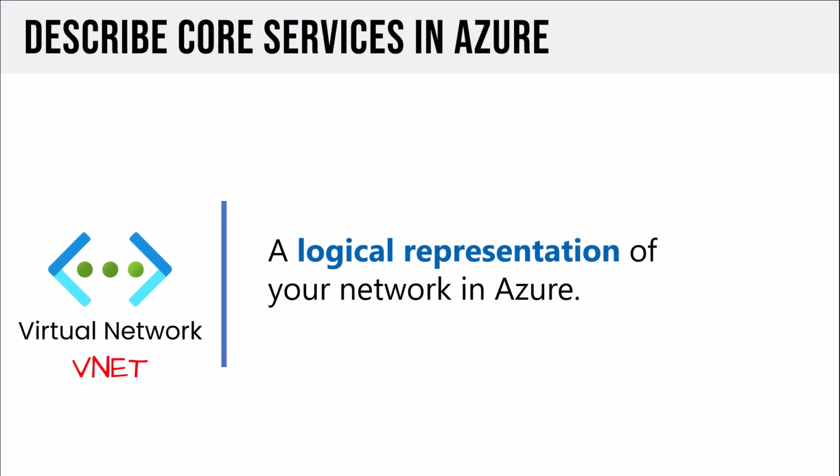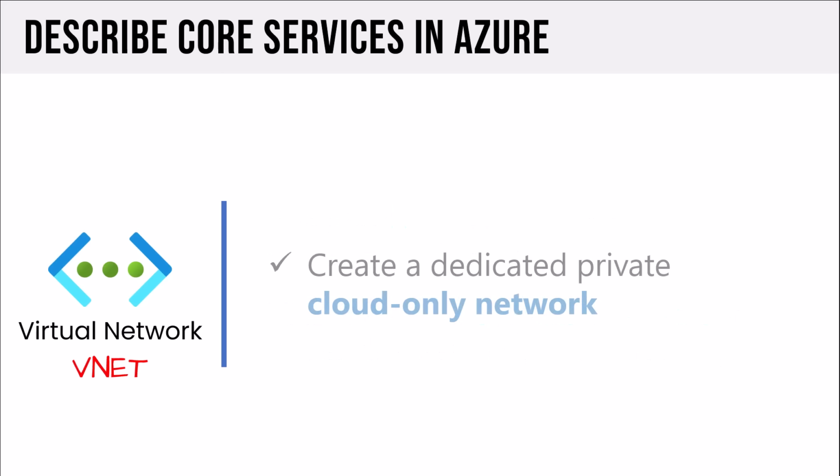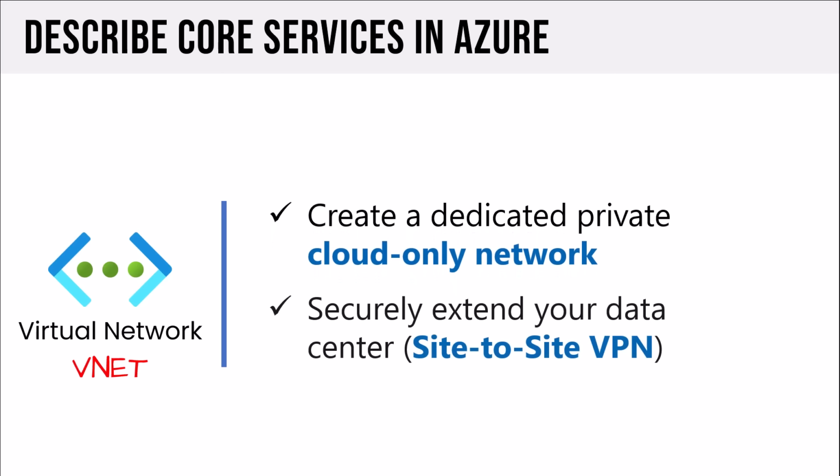So digging into VNets a bit further, VNets provide logical isolation in Azure dedicated to your subscription. You create a dedicated private cloud-only network. It's one we can securely extend to our data center with a site-to-site VPN, or with ExpressRoute for that matter, which would then create a hybrid cloud.